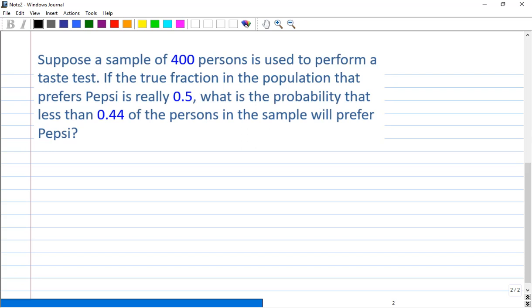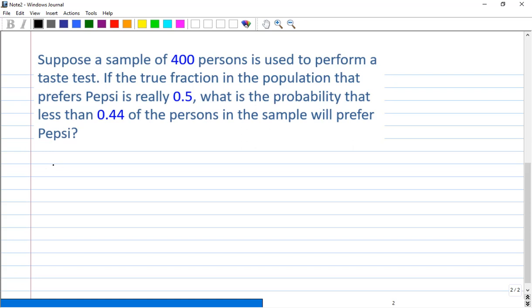How many people in here would rather drink a Pepsi than a Coke? Just be honest. Nobody? I don't know if that's a thing in the South or what. I don't enjoy Pepsi really, or Diet Pepsi for that matter, as much as I do a Diet Coke. So I don't know. This problem to me kind of starts off weird if the true value is really 0.5. I don't know that I believe that.